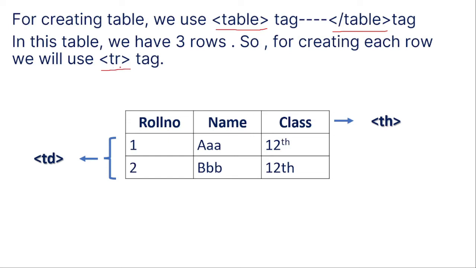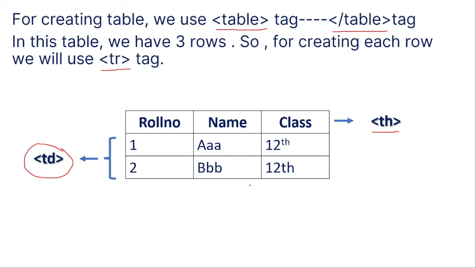Tr means table row. And for creating table heading row, we will use th tag, that is also a pair tag, and the full form of th is table heading. And for inserting the data in this table, we will create 2 tr, and inside that tr we will use td tag, and the full form of td is table data. So हम इस टेबल को किस तरह से क्रिएट करेंगे उसके लिए मुझे आपको प्रैक्टिकल परफॉर्म करके दिखाना पड़ेगा.